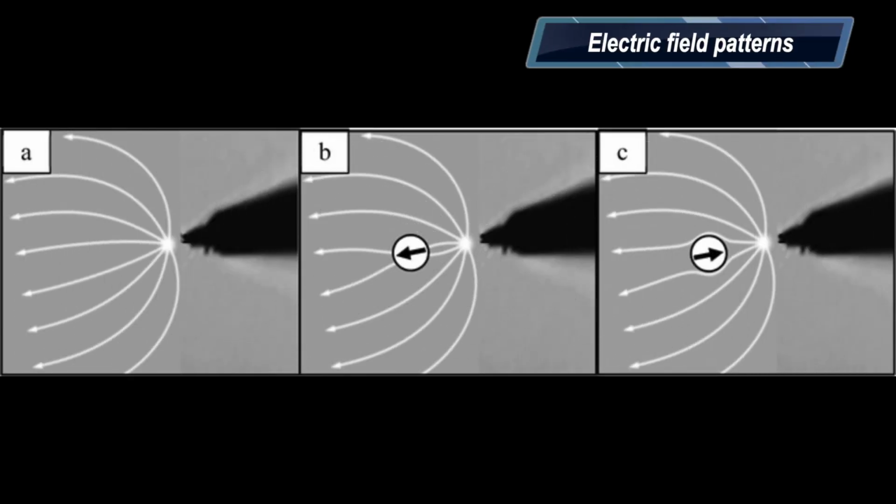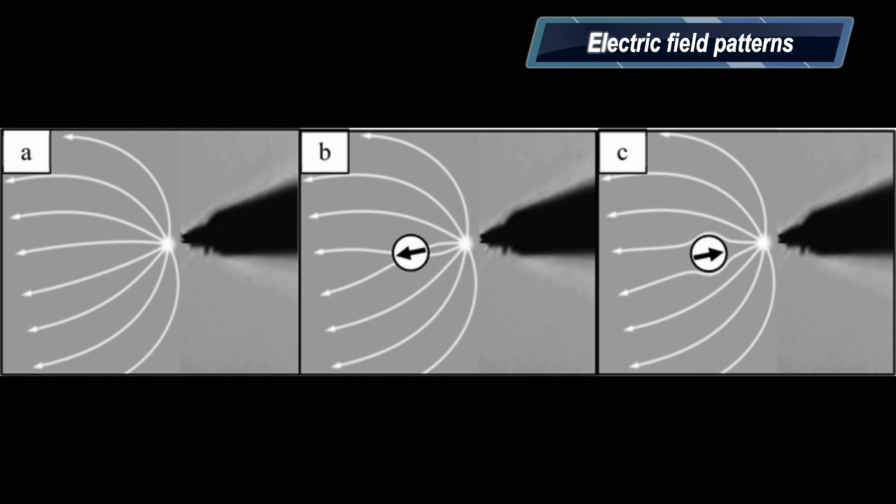So the actions for generating the DEP force can be illustrated in these three pictures. In figure A, the electric field generated by a pin electrode decreases in intensity with increasing distance from the electrode tip.